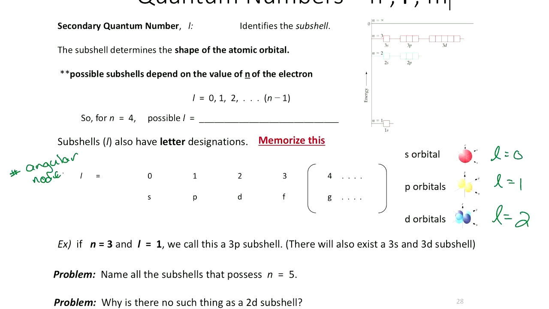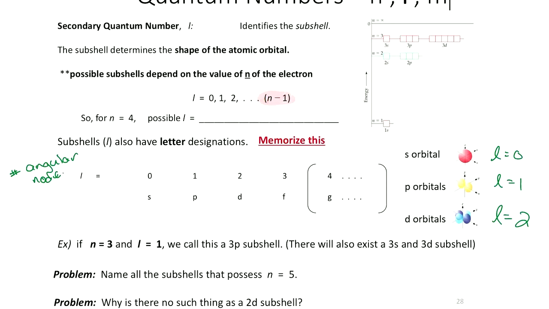So now that you know the shapes, we need to set some rules on the possible shapes you can have based upon what n level you're in. The possible subshells, or the possible shapes you can have, depend on the energy level of that electron, the n value. So the rule is that the possible L values are the values between 0 and n minus 1.